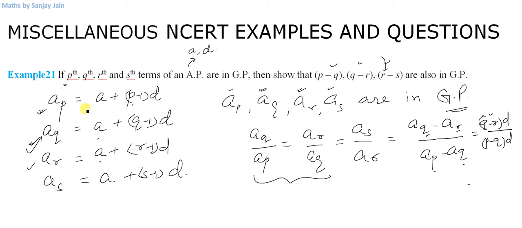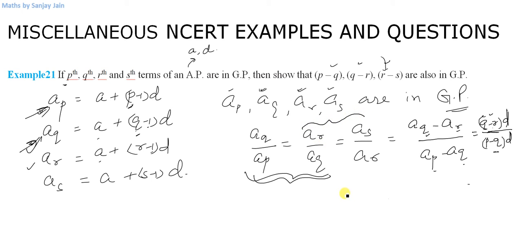And you can check also, ap minus aq, this term minus this term, a will get cancelled, and (p minus q) into d will remain in the denominator. So d will also get cancelled. So from this equality, I know that these ratios are equal to (q minus r) by (p minus q). Okay, now I will compare these.